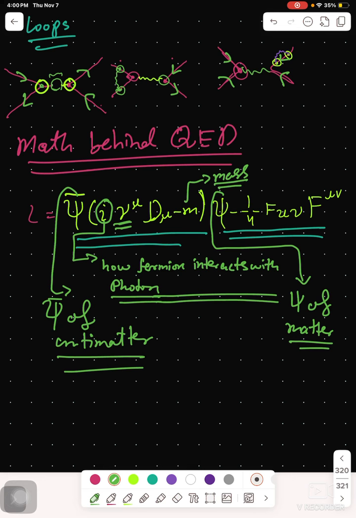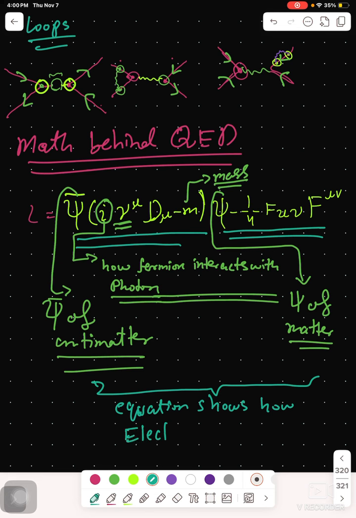If I want to write what this whole equation does, it shows how the electromagnetic force behaves.